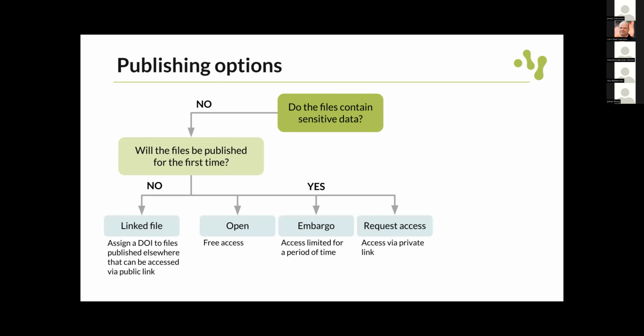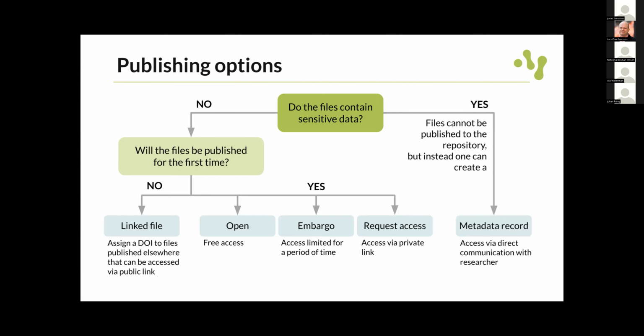It could be published openly. You can set up an embargo, so essentially the access to the data is limited for a period of time, commonly until a manuscript becomes published. Or you can use a request access functionality, so the access to the data is through a private link.